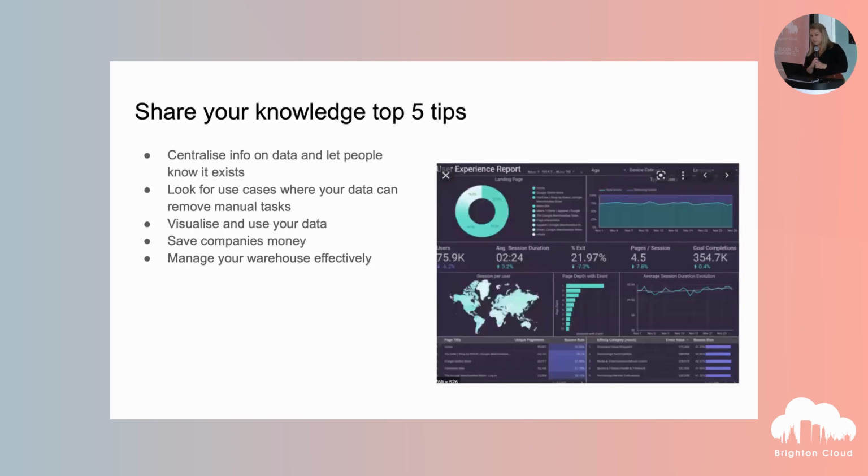In terms of sharing your knowledge, my top 5 tips, and I could go on about this for ages, but the top 5 tips are to centralize information on your data and let everyone know it exists. So this is the reason why we use Admin Portal at Measure Lab, because we know that's one link that we can send out to everyone and they can have a read through and find out actually what's going on.